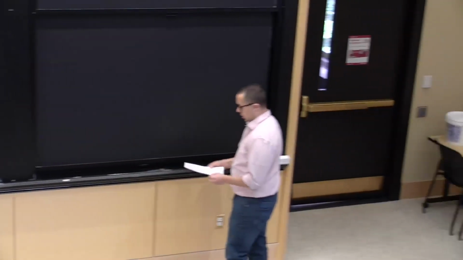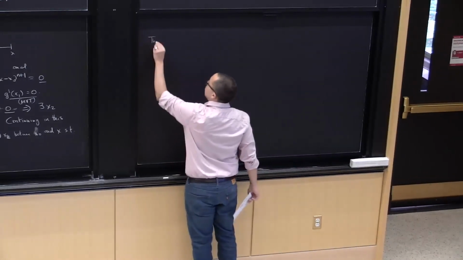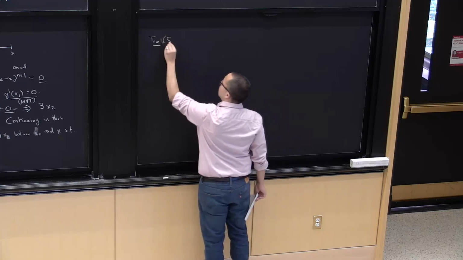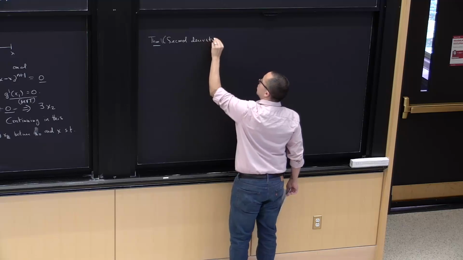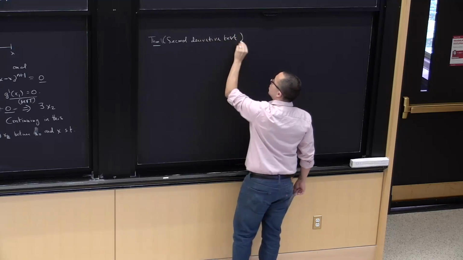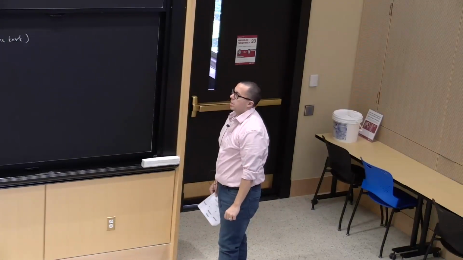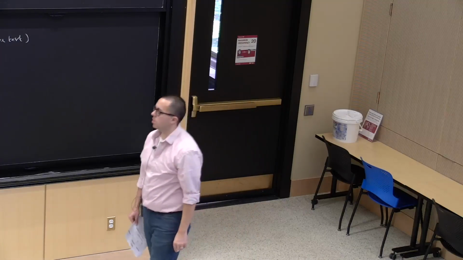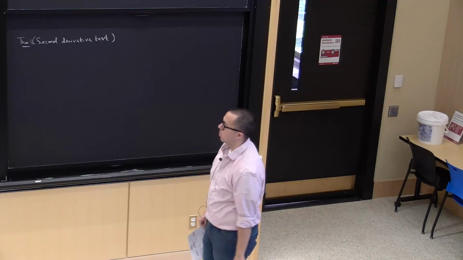Okay, so let's give a simple application of Taylor's theorem, which perhaps you had endless homework problems or exam problems on back when you first took calculus, where we're finding critical points and trying to characterize them as relative minimums or relative maximums.